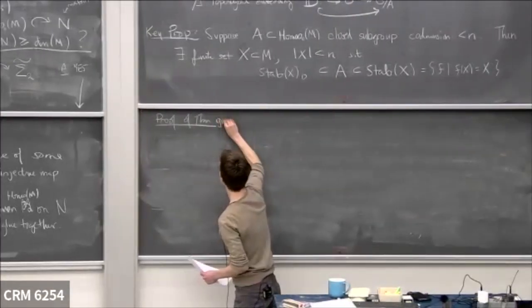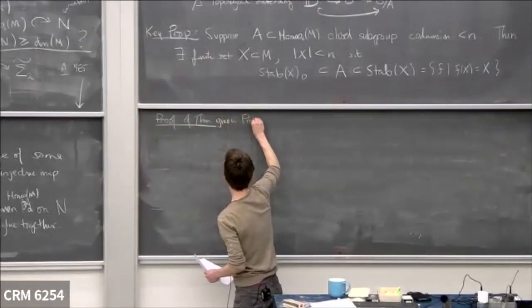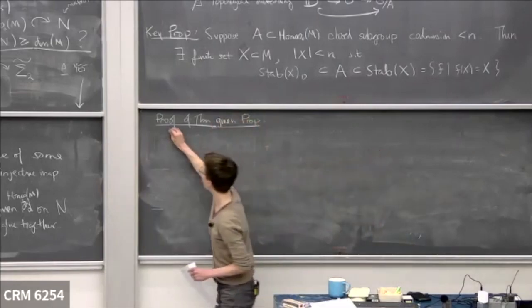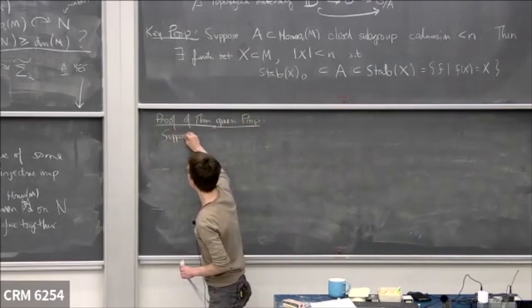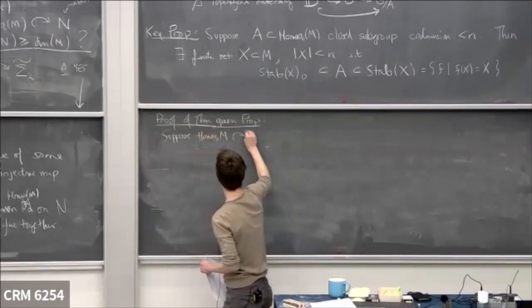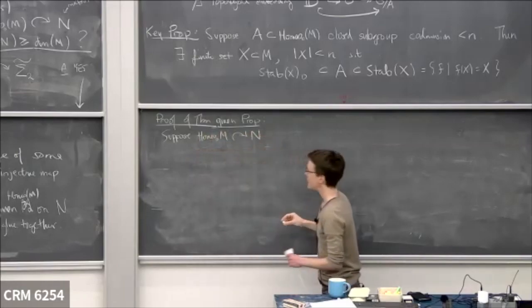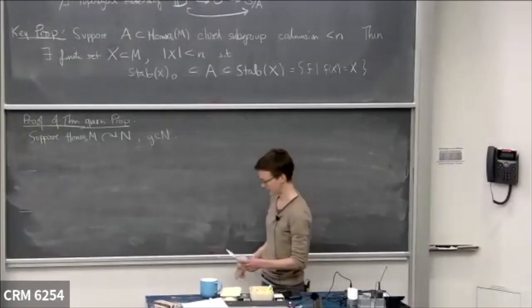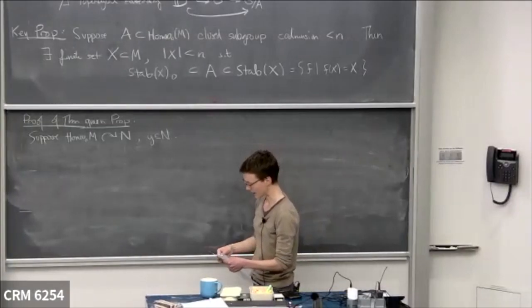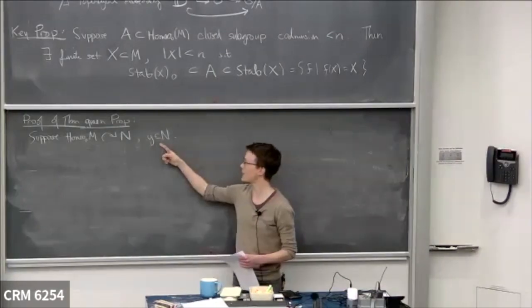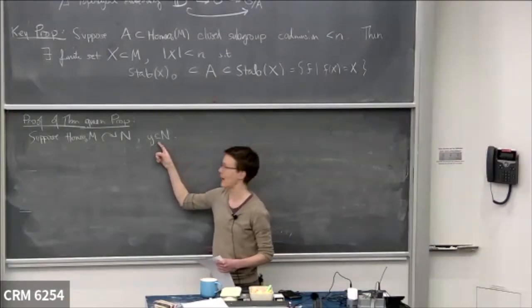So here's the proof of the theorem given the key proposition. Suppose the homeomorphisms of your manifold act on some other manifold, and I want to understand orbits. So y is a point in the manifold. Let's look at not the orbit, but the stabilizer of y under this action.